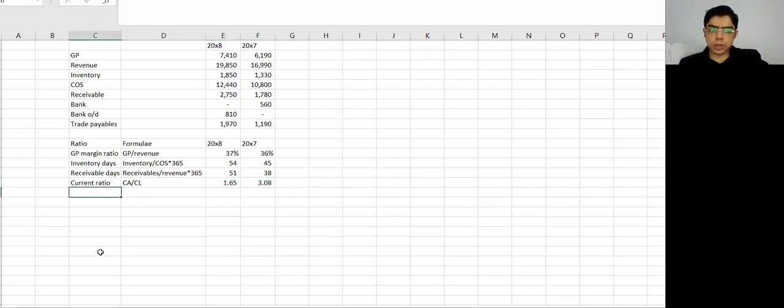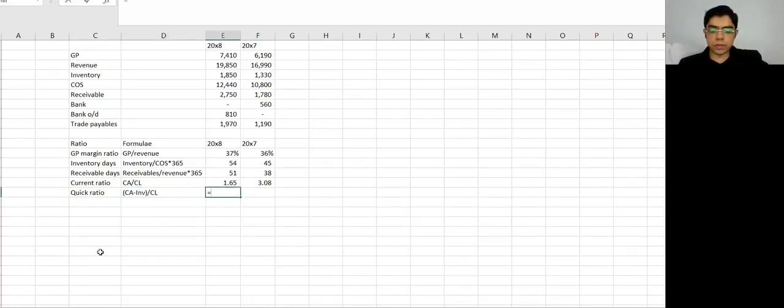You could also work out your quick ratio, and how would that happen? Quick ratio is, by the way, also known as the acid test ratio. It excludes the least liquid current asset, that is your inventory, and is calculated as current assets minus inventory divided by current liabilities.